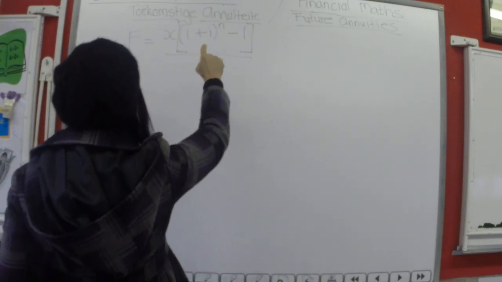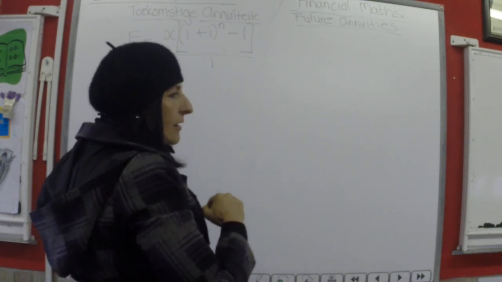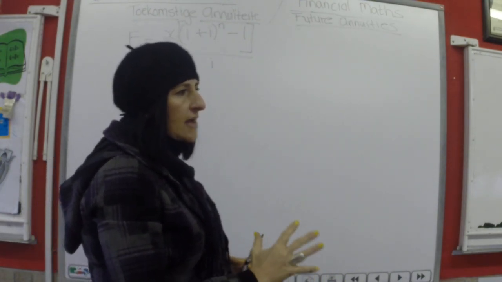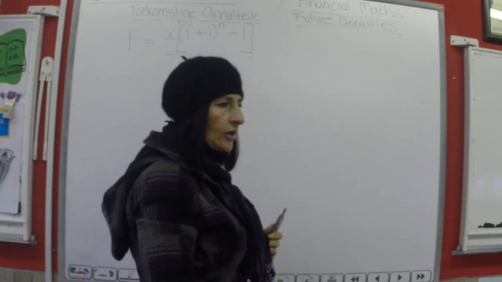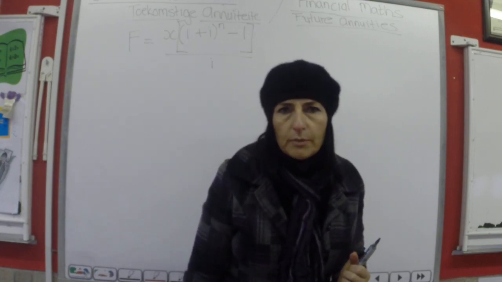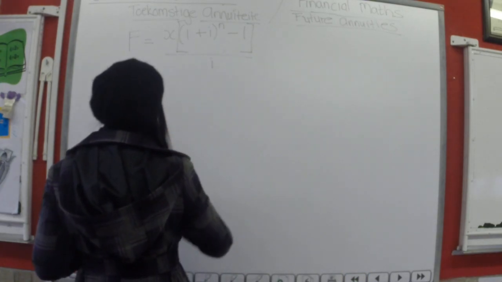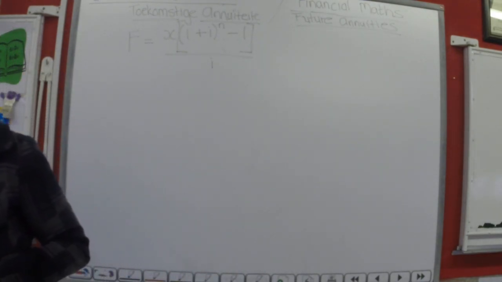So dis die aantal betalings wat inbetaal is. So if you pay in R500 for 50 months, this will now be 50. This is not time in years anymore. It's now your number of installments, jou aantal inbetalings. Now that's very important. Let's do an example.